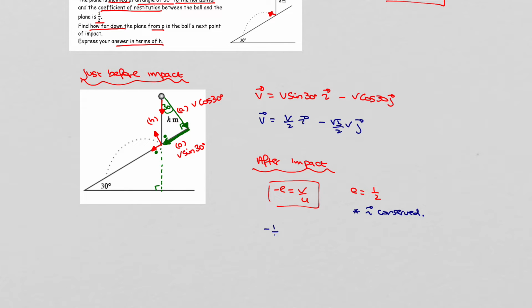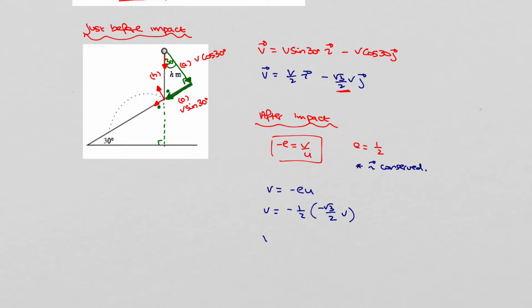I'm looking for the new velocity, so it's minus e times u: minus a half times the old velocity, which is minus root 3 over 2 v. This j vector up here is our old velocity. So the new velocity after impact is root 3 over 4 v.